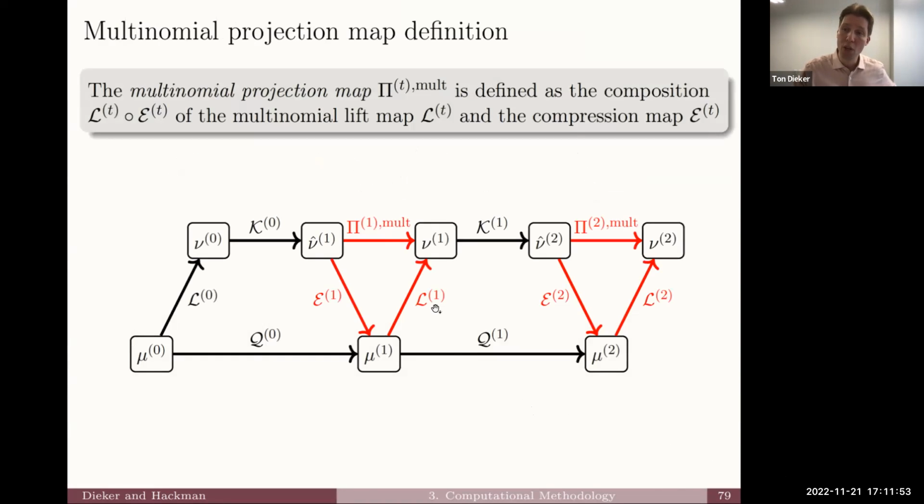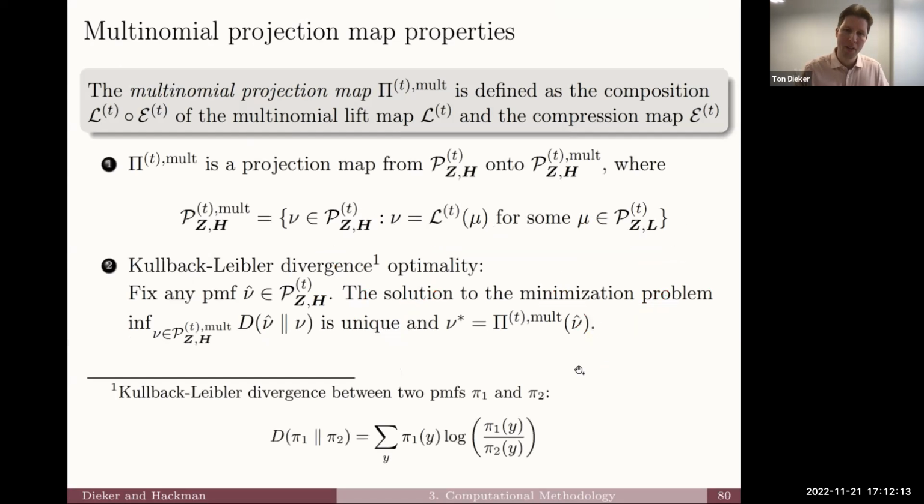Now, these QPLEX iterates have some optimality properties, and to investigate this, we need to define a map, which we call the multinomial projection map. This is basically going down and then going up, so adding this edge in this picture. The name already suggests that maybe it is a projection map, and it turns out it is, onto an appropriate space, which is basically the PMFs that all have this multinomial property.